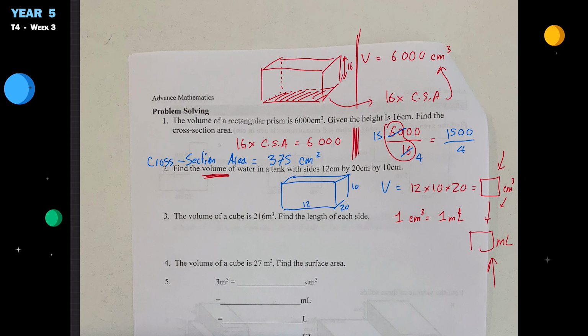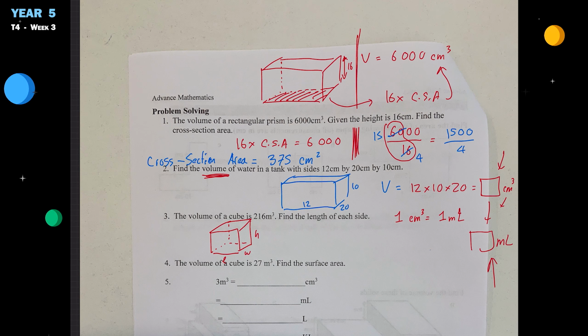Just put the same answer, just in milliliters. Now question 3 says the volume of a cube is 216. Find the length of each side, which means that you have a volume, a cube. To find the volume of a cube, we just multiply the length, width, and height. But the length, width, and height are the same numbers, so the cube has all the sides the same.